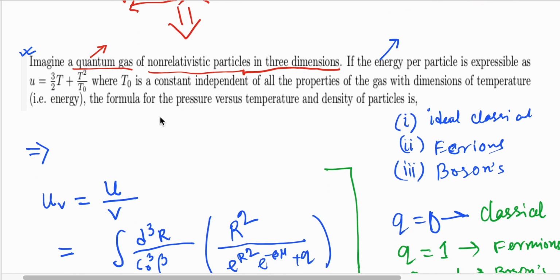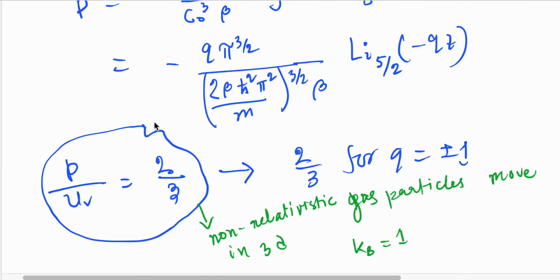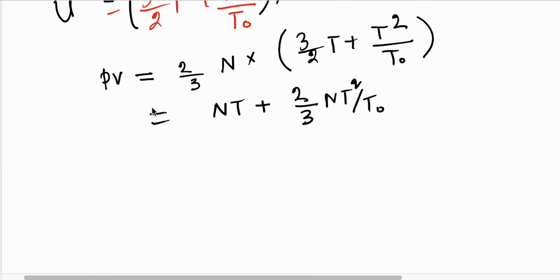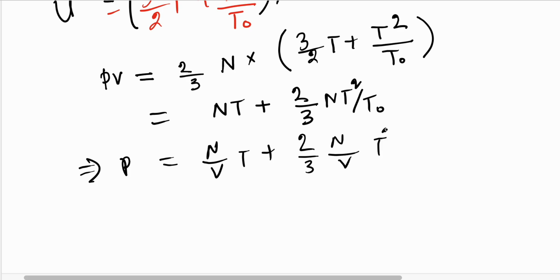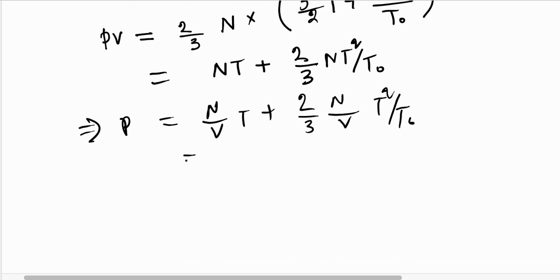So the formula for the pressure versus temperature and density of the particles is this. With density N by V, P is N by V T plus 2/3 N by V T square by T0. So this is rho T plus 2/3 rho T square by T0.